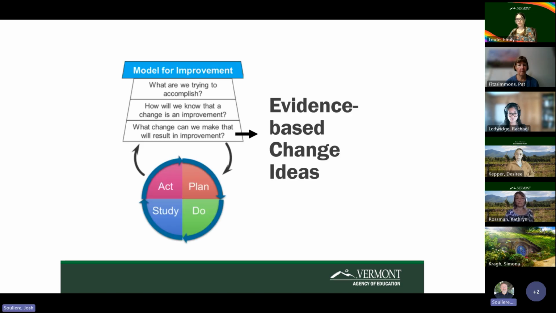Recall the Vermont model for improvement that we often refer to. The third question that you see in this graphic, what change or changes can we make that will result in improvement, relates directly to the selection of evidence-based change ideas based on your previous data analysis, root cause analysis, and goals that you've established.